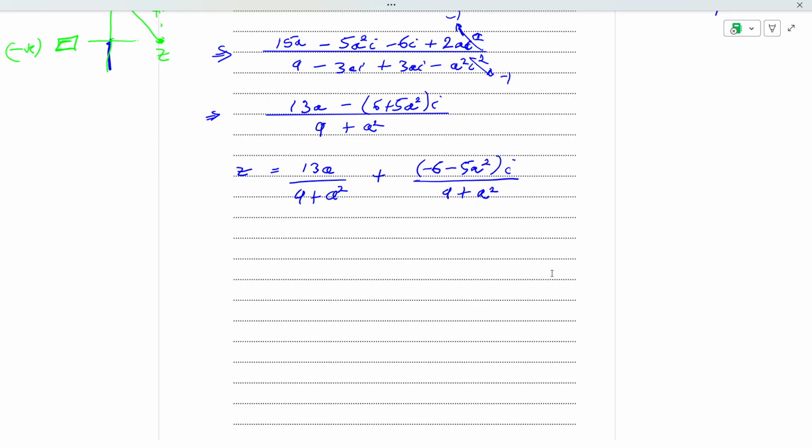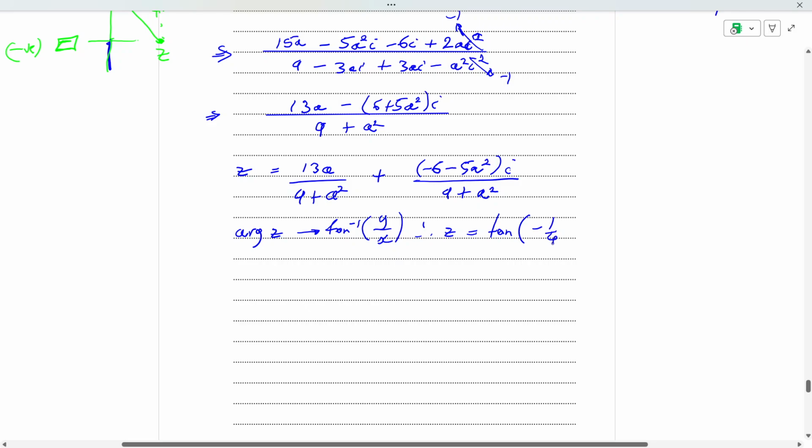And then we also know that the argument of z is equal to tan inverse of y over x, right? Therefore, tan of negative a quarter pi, which is just negative 1.